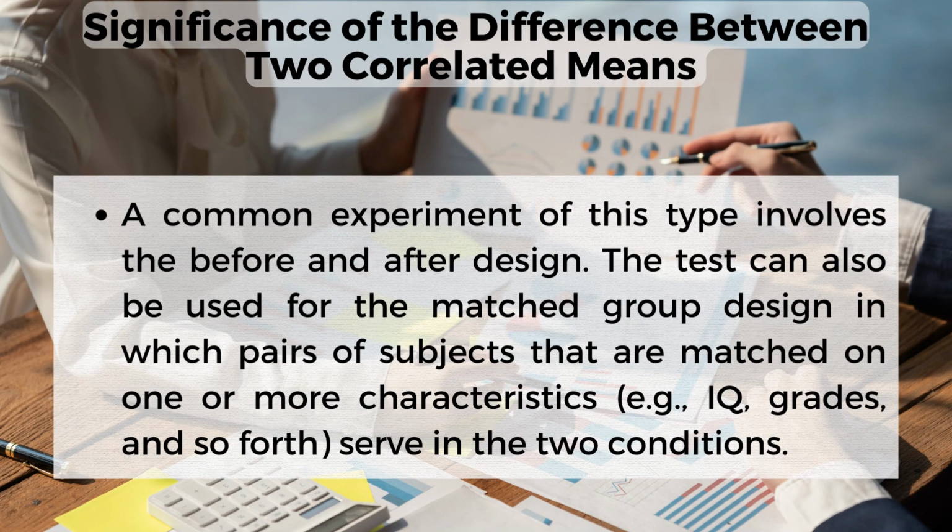A common experiment related to two correlated means is the before and after design, which I have discussed. The test can also be used for the matched group design, in which we have subjects in pairs that are matched with respect to certain characteristics like IQ, grades, and the mean score and standard deviation in the two conditions.